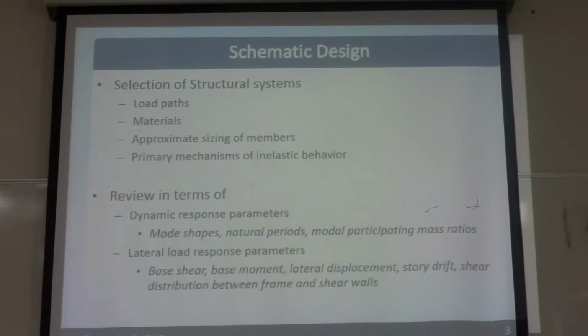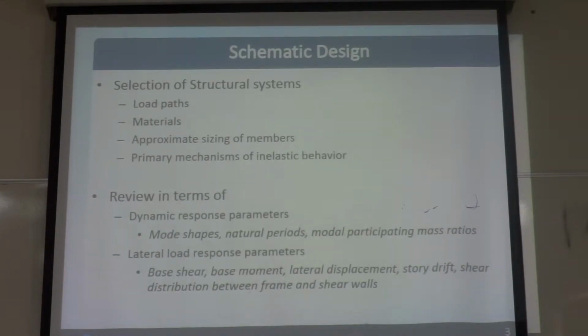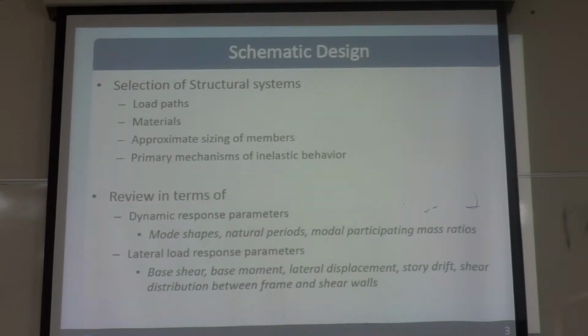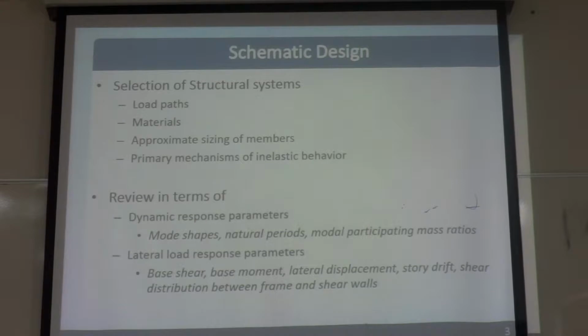Then we have to consider the material properties, the strength of the materials. Are we going to use high strength concrete, 8000 psi, or low strength concrete? It depends on the size of the building. Normally, for tall buildings, we use high strength concrete for the vertical members, like shear walls, columns.